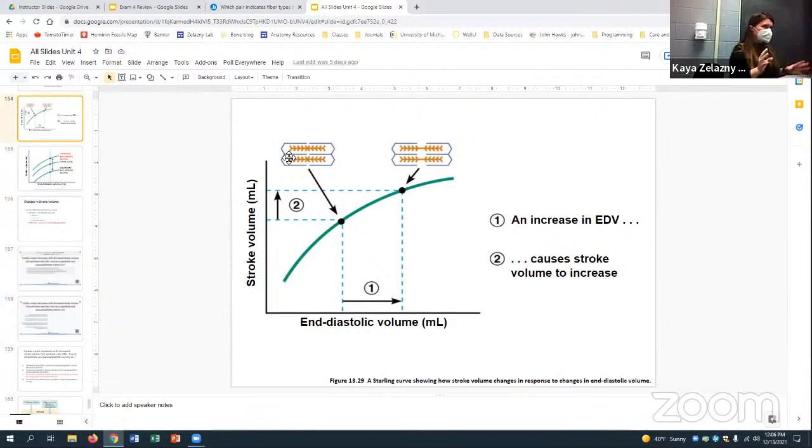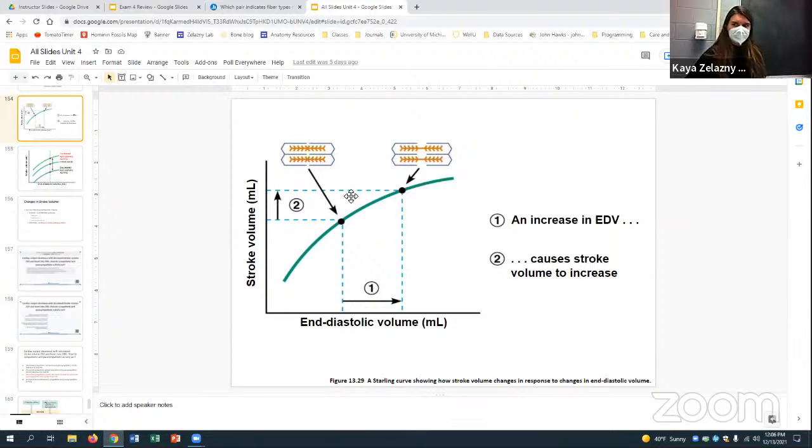What we want to remember is that the optimal state of those sarcomeres is a little more stretched out than the normal size of the heart. So as we expand our heart, as we put more blood into it, and therefore increase our end diastolic volume, our stroke volume goes up because we're getting closer to that optimal point. This overall curve is just a way we could look up what we expect our stroke volume to be given an end diastolic volume. So we see this increase in stroke volume as we go up, and it has this characteristic curve shape.